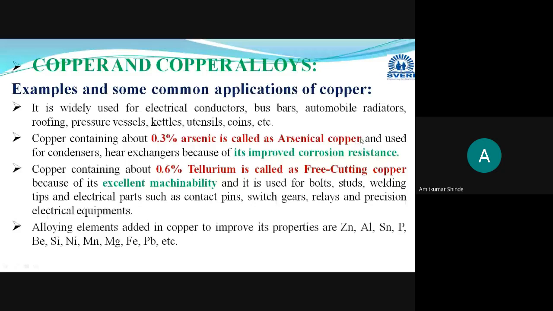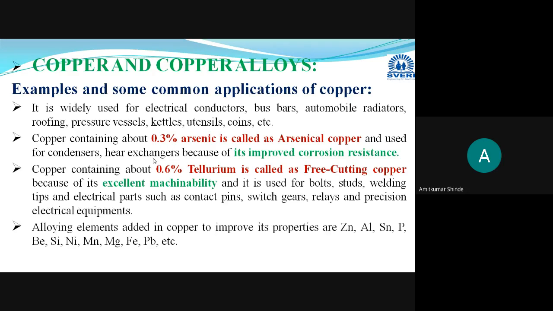Due to this, you can use arsenical copper to manufacture tubes for different condensers and heat exchangers. Why? Because with the addition of 0.3% arsenic, that copper provides better corrosion resistance, which is why you can use it in condensers and heat exchangers.